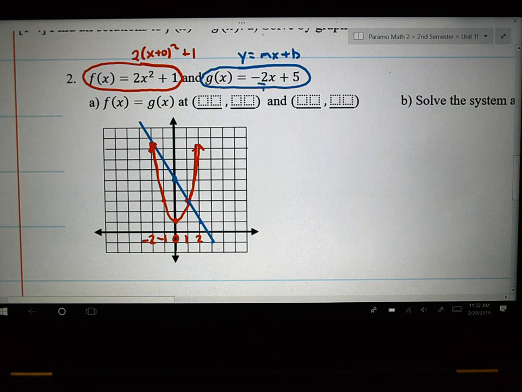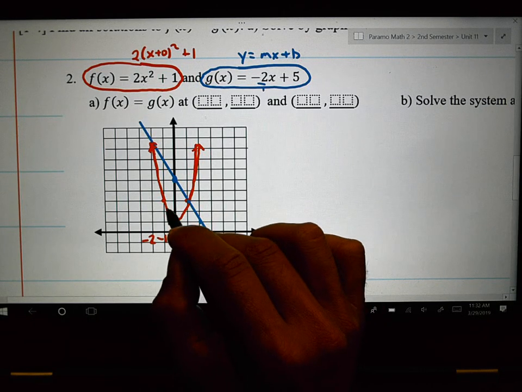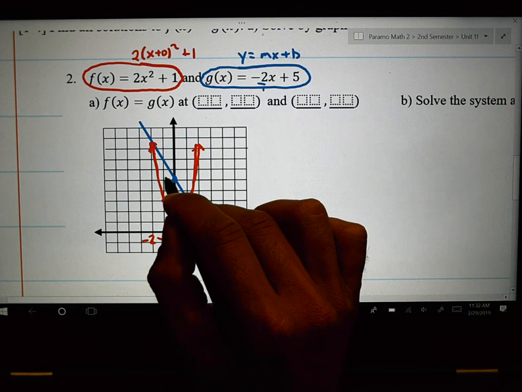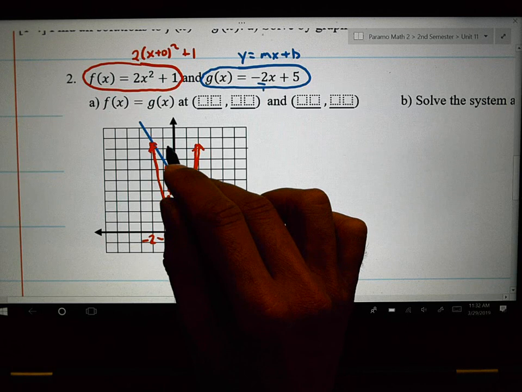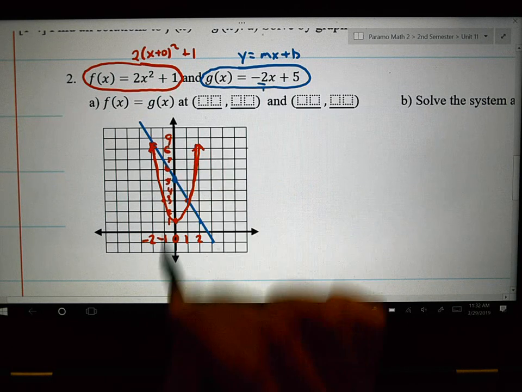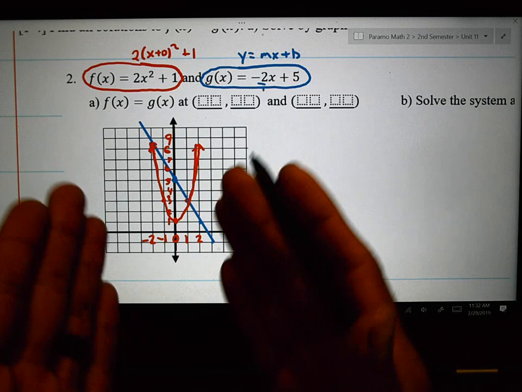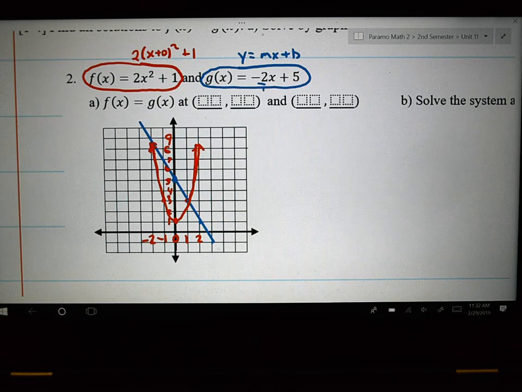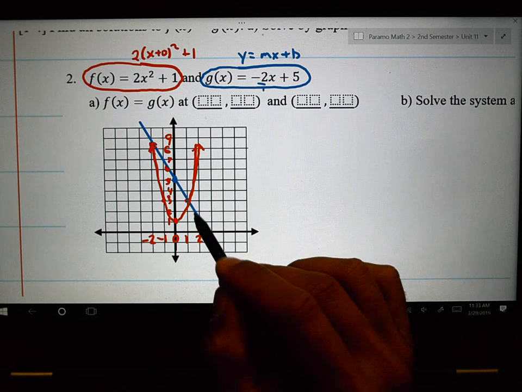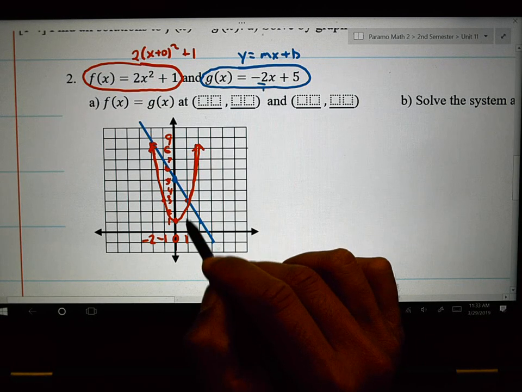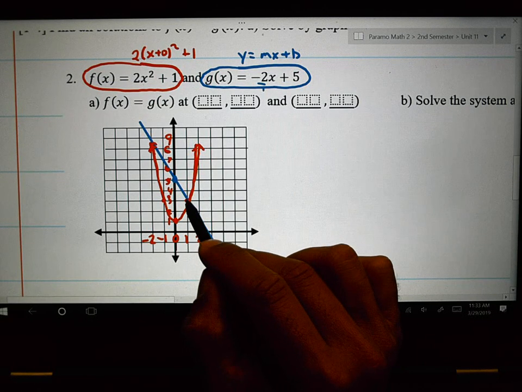I'm also going to put numbers here: 1, 2, 3, 4, 5, 6, 7, 8, 9. Right now, as I look at this, because my graph isn't very accurate, it might go by right here, 1 and 3. I think that's the same point, 1, 3.